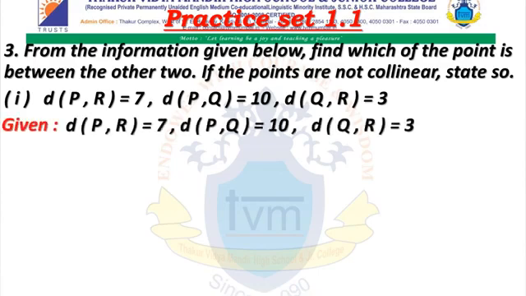So what is given here? Distance PR equals 7, distance PQ equals 10 and distance QR equals 3. Using these three distances, we have to check whether the points are collinear or not. If they are collinear, then which point will lie between the other two? That we need to find out.